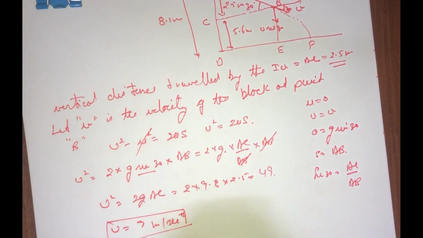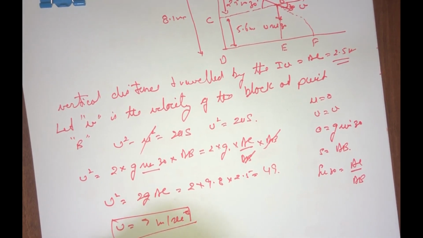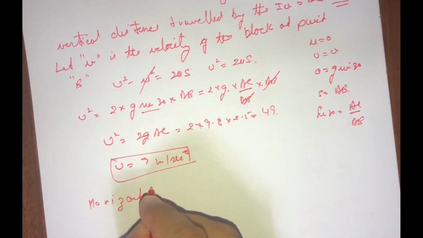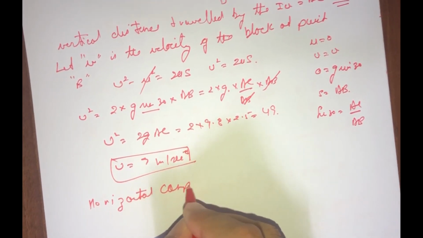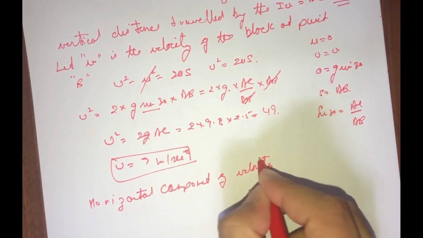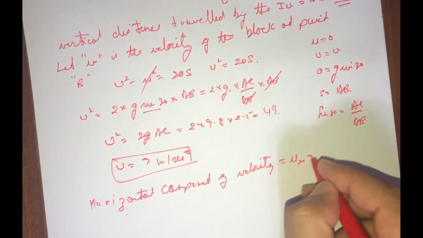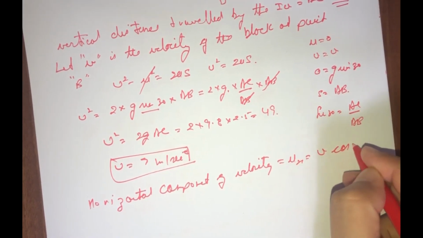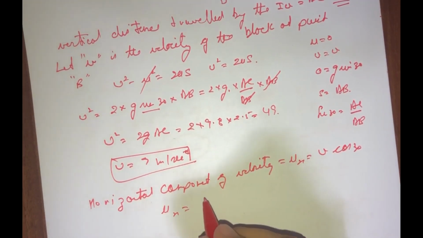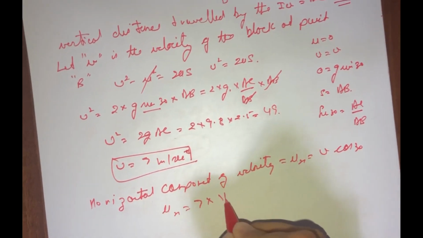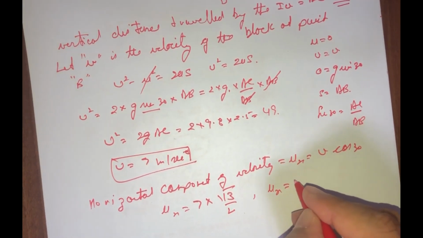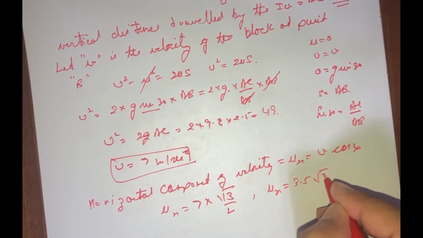So the horizontal component of velocity, which is given as ux, will be equal to V cos of 30, or ux will be equal to 7 into square root of 3 divided by 2, giving us ux is equal to 3.5 square root 3.